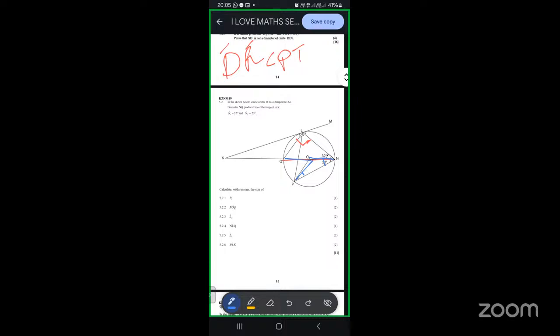Because the triangle PON is an isosceles triangle. So I can just remind you that it's the base angles of an isosceles triangle, or angles opposite equal sides. Those are OP and ON.